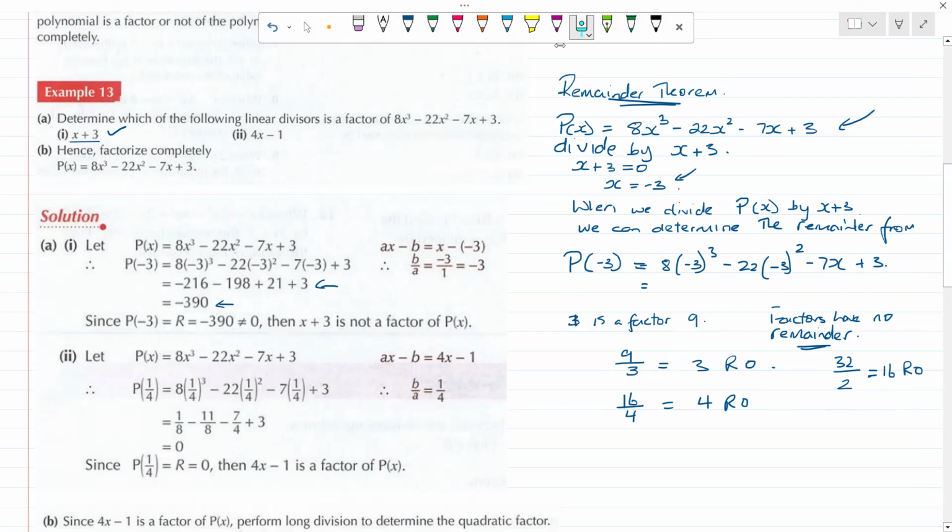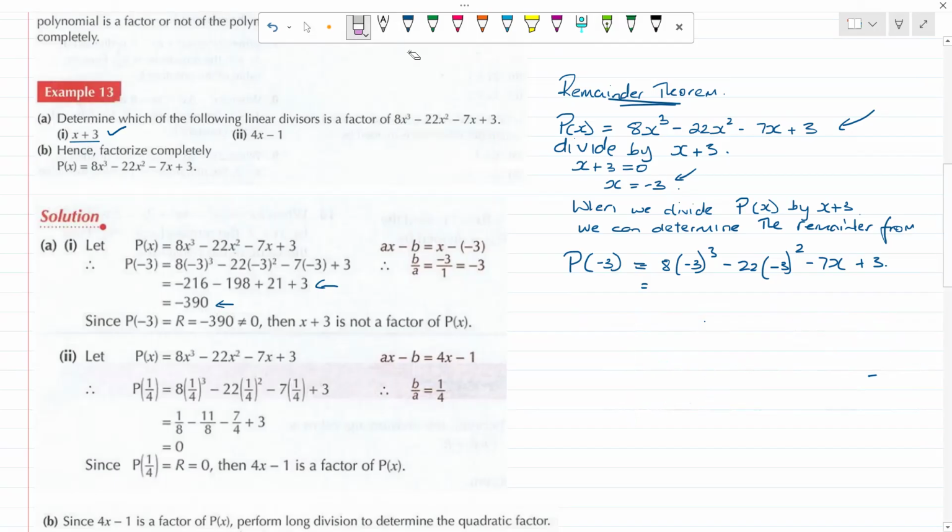Since we substituted x to be negative 3 into the polynomial and the answer was negative 390, it means that x plus 3 is not a factor, because we have a remainder. Factors don't give a remainder.